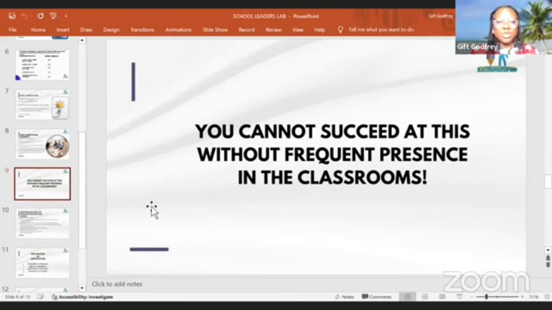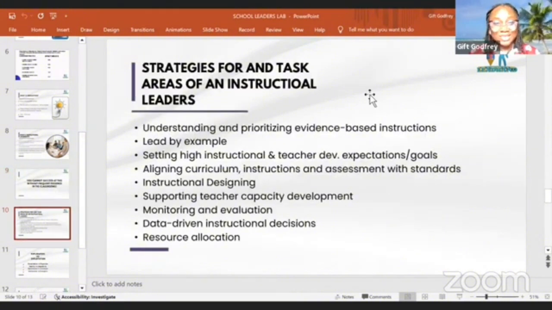So if you're even doing it every day, having contact with the classroom, doing walkthroughs, observations, I wish you were here. I need to give you a hug. I need to give you a high five. But if you remain in the office 24/7, week in, week out, you are not an instructional leader. I'm sorry that I'm sounding this way, but we have to tell ourselves the truth.